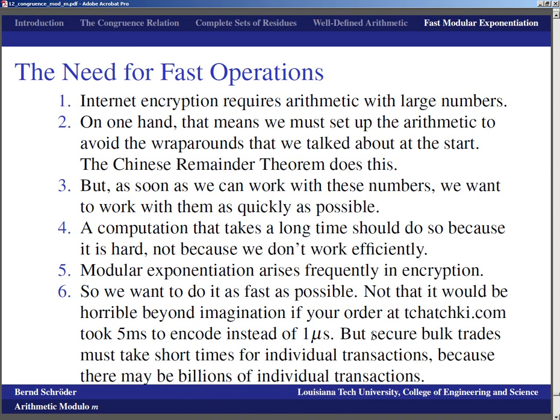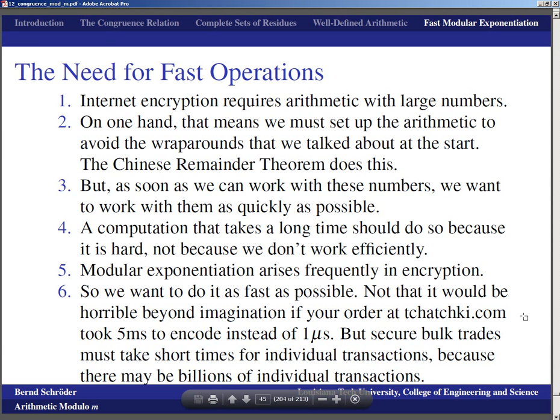However, markets also run on these things, and this is something where I have very little direct knowledge, but I talked to a guy who works as a trader, a mathematician who works in the private sector, and he told me that secure bulk trades must take a short time for individual transactions, because even when you're trading a million shares, keeping track of things is happening on a per share basis. And even if it doesn't, there are large numbers of trades where you trade shares from different companies, which are all individual transactions. And I think that is the key here, individual transactions.